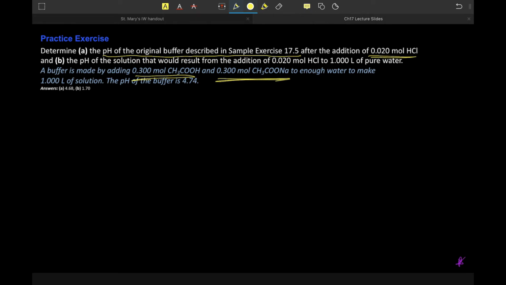So first, what I think is always helpful is let's go ahead and write down the weak acid hydrolysis that makes up my buffer, right? So we're going to start with our CH3COOH plus H2O, and that gives us our hydronium and our A minus, okay? And then let's get our initials down there, right? And it says I have 0.3 moles of this, and I have 0.3 moles of this.